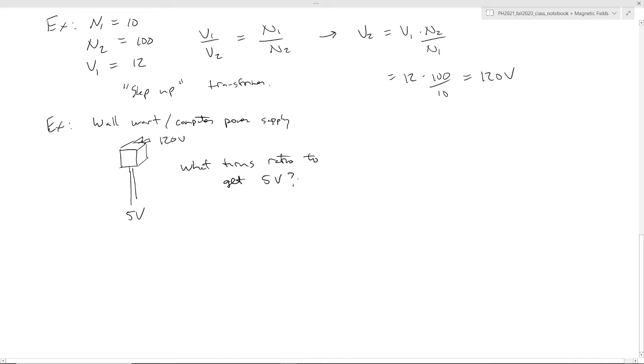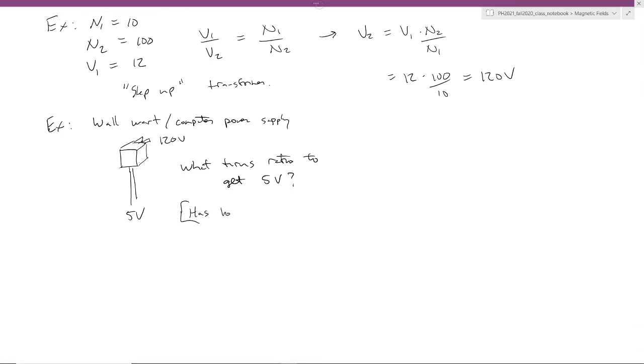And notice this is by definition an AC current, because if it were DC, you would have no dI/dt, and you would have no changing magnetic flux. So in order for this to work, it has to be AC.